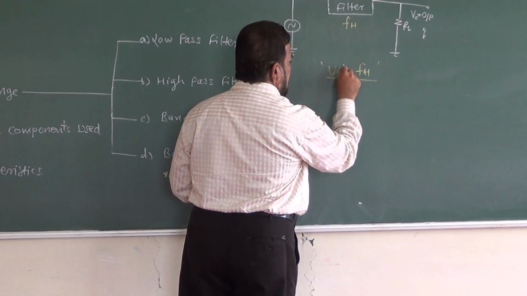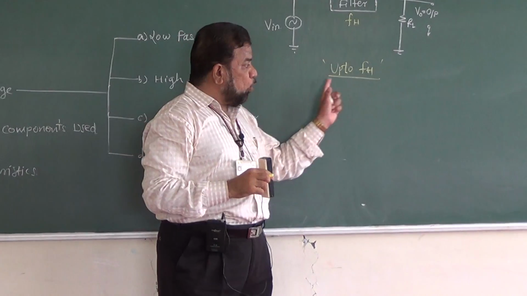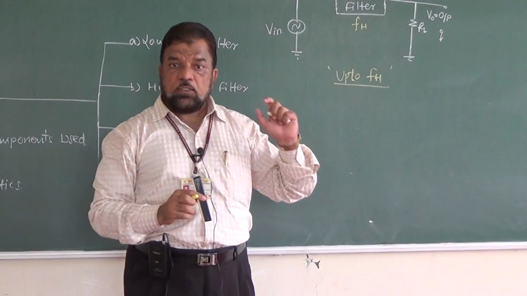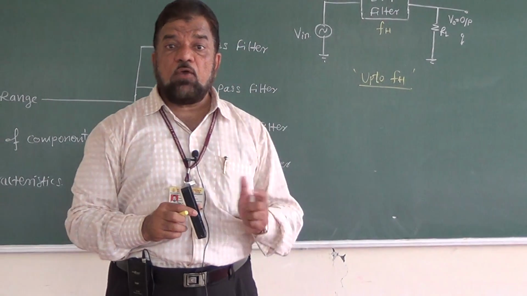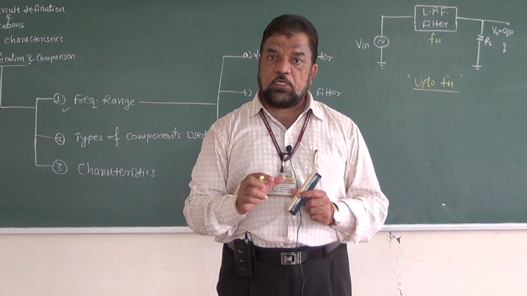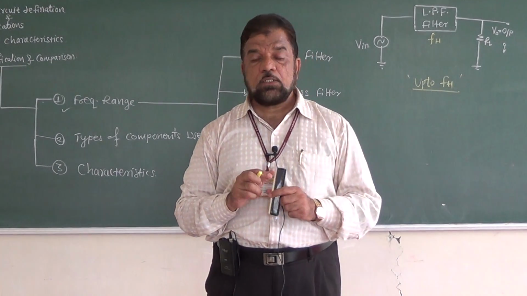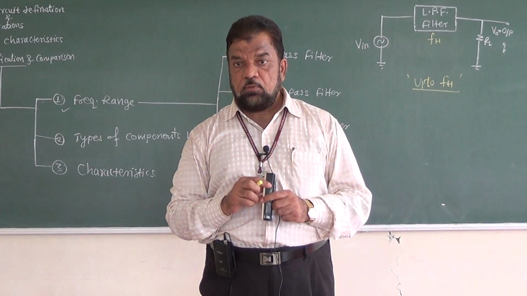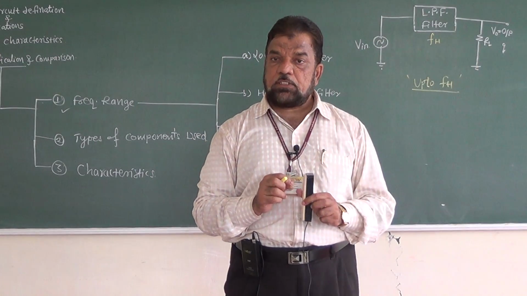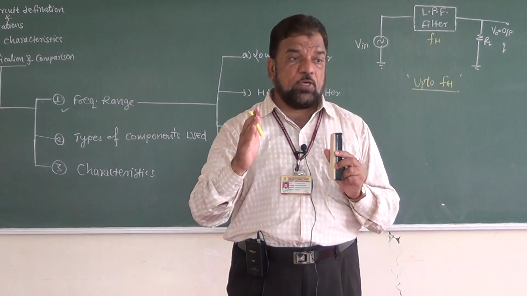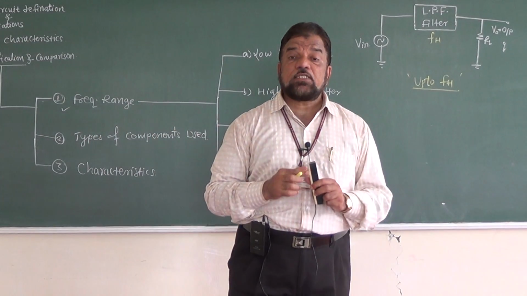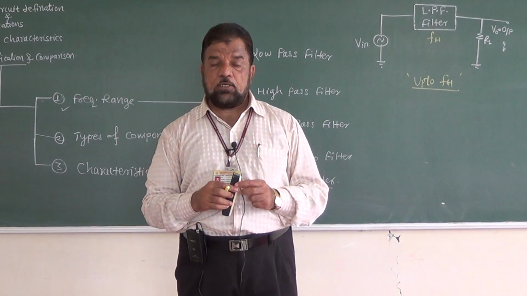Very clear cut meaning is, 0 to FH there is a transmission, whereas the frequency components above FH get attenuated, get stopped. That filter circuit is called a low pass filter circuit. So I'll repeat, a filter circuit which transmits the frequencies from 0 Hz to FH, whereas it attenuates the frequencies above FH, that circuit is called a low pass filter.